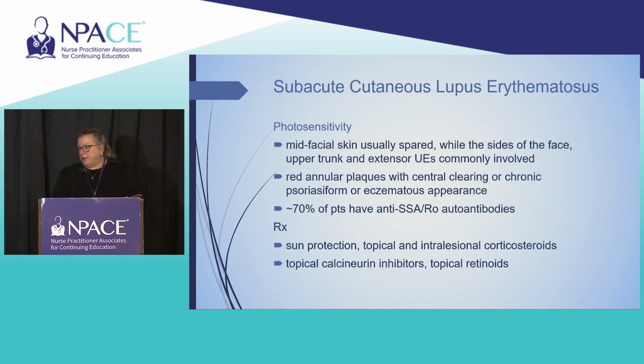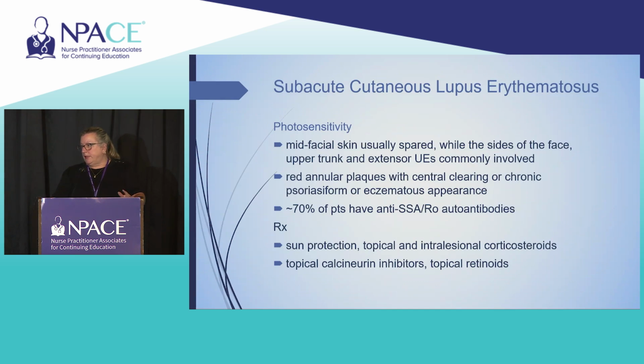Subacute cutaneous lupus presents with a photosensitive eruption. However, the mid-facial skin is usually spared. So that's really important, right? The mid-facial skin is what's affected in rosacea. But in cutaneous lupus, the mid-facial skin is spared.